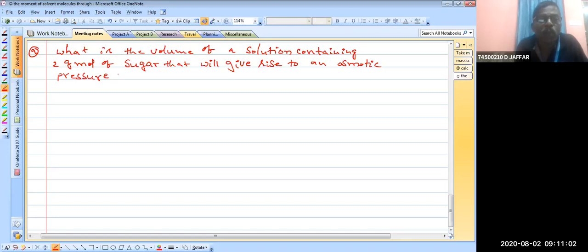of 1 atmosphere at STP, right? Here option 1 is 4.48 liters, option 2 is 0.44 liters, option 3 is 44.2 liters, and the fourth option is 448 liters, right?